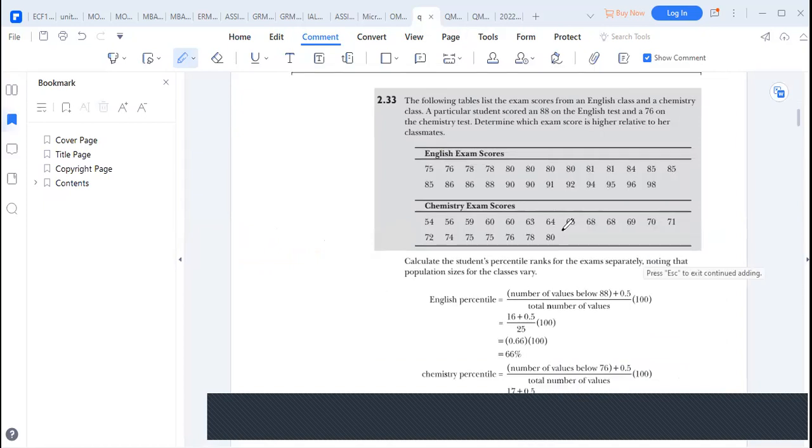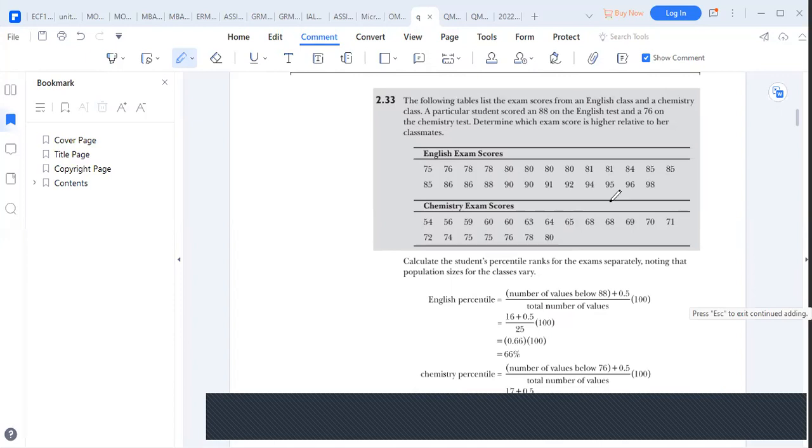Let's look at this question here. We have a table that shows the exam scores in English and in chemistry. In particular, a student scored 88 in English and 76 in chemistry. Determine which score is relatively higher. To calculate the percentile ranks, we do them separately, noting the proportions vary.